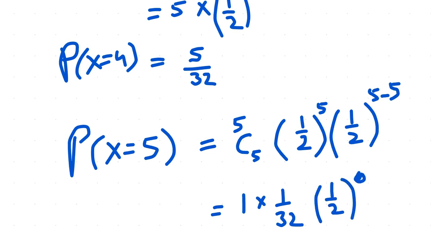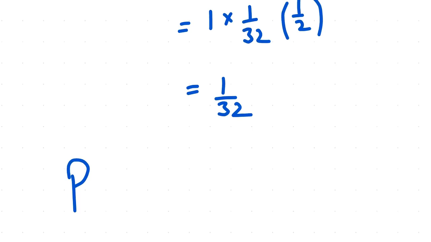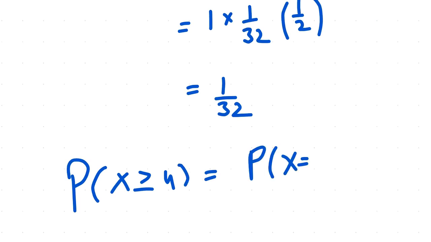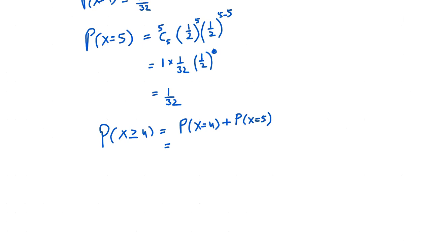So 1 by 32. Now let us find the probability to get at least 4 heads. For at least 4 heads, we use this inequality symbol. We have x is equal to 4 plus x is equal to 5. So it is 5 by 32 plus 1 by 32.